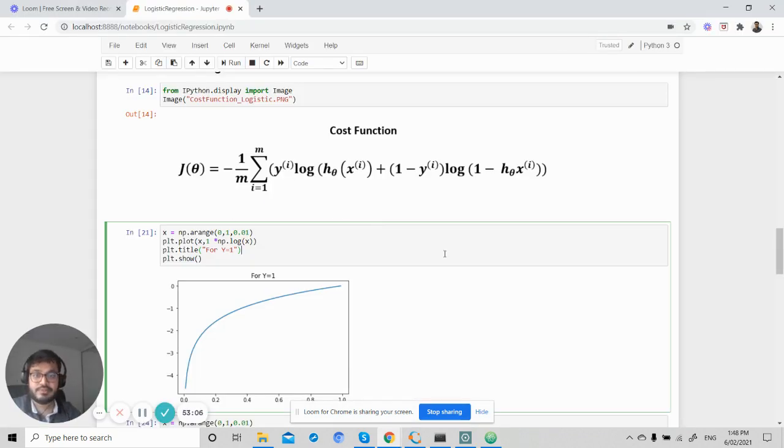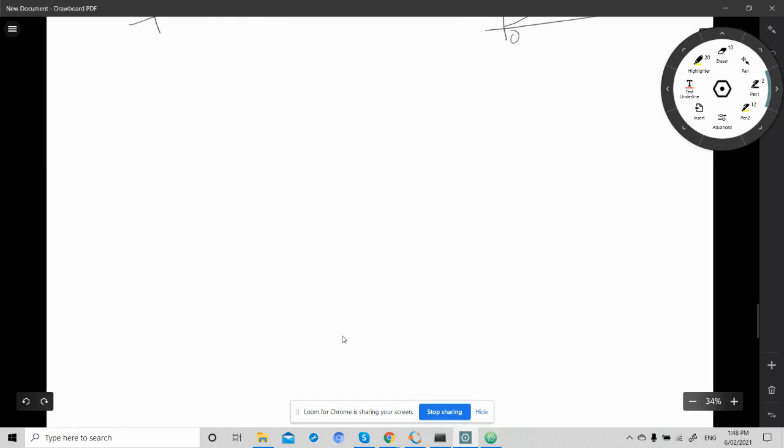So what I will be doing now is, my cost function J of theta is -1 by m sigma i equals 1 to n, yi log of h theta of x plus 1 minus yi, log of 1 minus h theta of x.